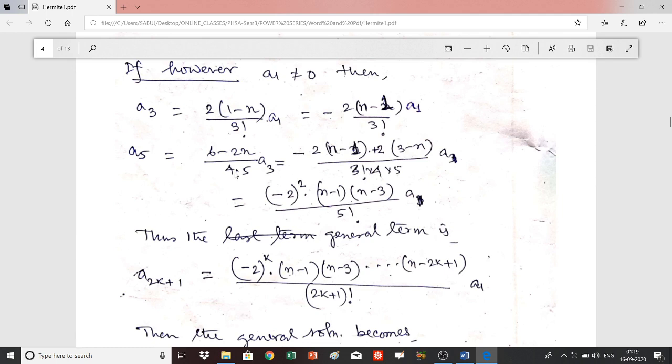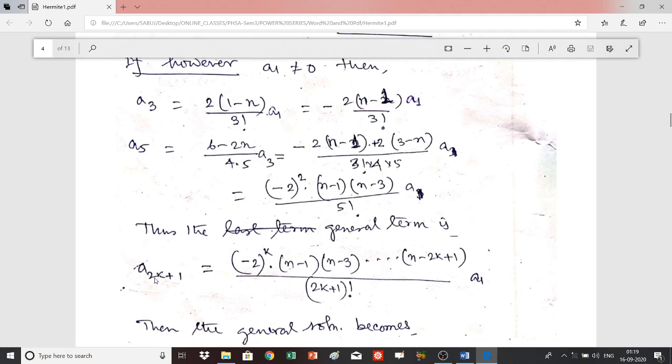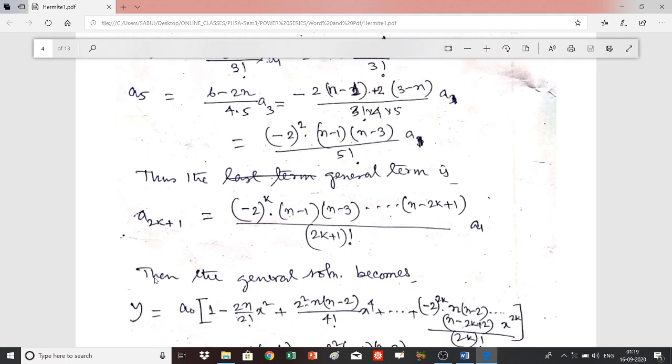In this case k is equal to 2, so 2k is 4 plus 1, that means minus 3, so it is okay. So the general term can be written as minus 2 to the power k (n minus 1)(n minus 3) up to (n minus 2k plus 1) by (2k plus 1) factorial into a1.